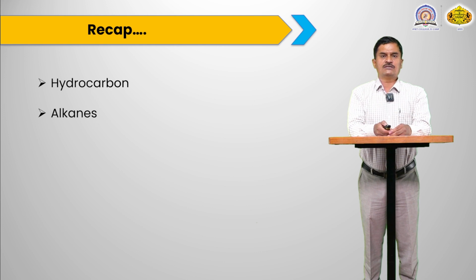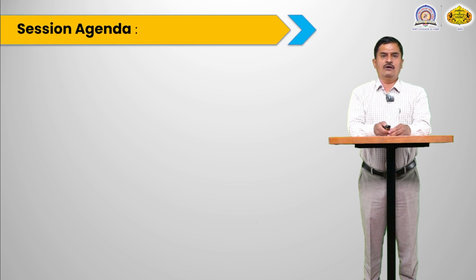In this chapter we discussed the nomenclature of alkenes, the industrial preparation and preparation of alkenes, and also the reactions of alkenes. Alkenes undergo addition reactions because of the presence of the carbon-carbon double bond. Today we discuss alkyl halides.